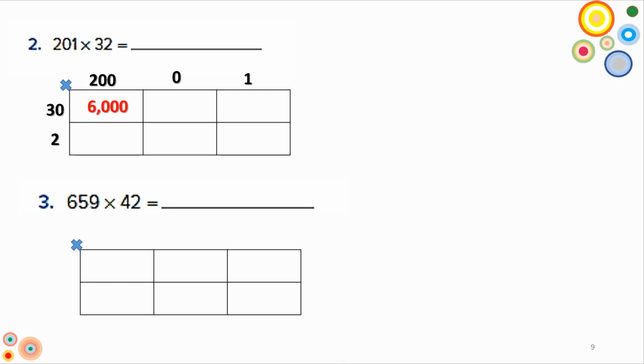Okay, so 6,000. 2 times 200, 2 times 2, 4, and drop 2 zeros. 0, another 0. 1 times 30, it will be 30. 1 times 2, it will be 2. Sum of all of these products, 6,000 plus 0 plus 30 plus 400 plus 2. It will be 6,432.